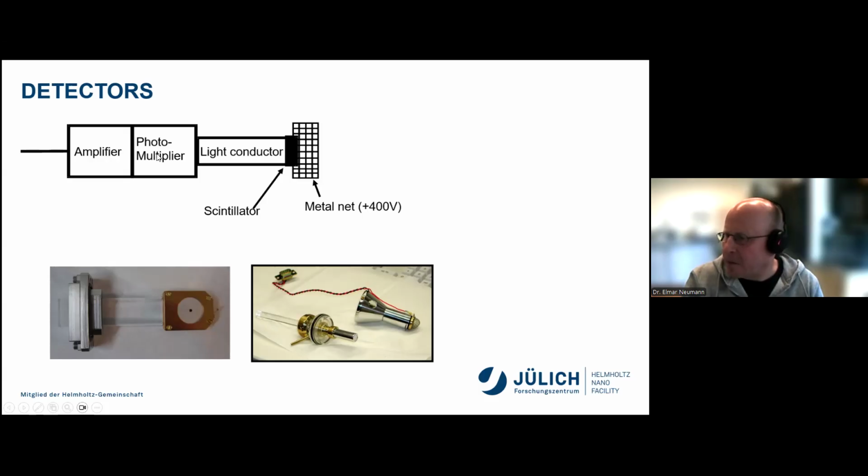Then a light quanta, a flash of light, will be created. This light will be directed to a photomultiplier and then to an amplifier. The signal will be enhanced by this photomultiplier and then transferred back into an electrical signal in an amplifier and then goes onto your screen.